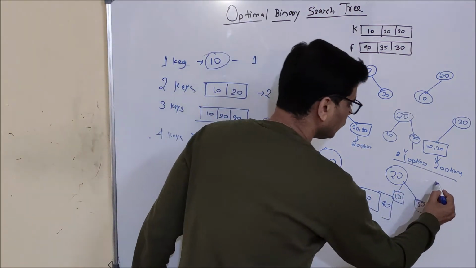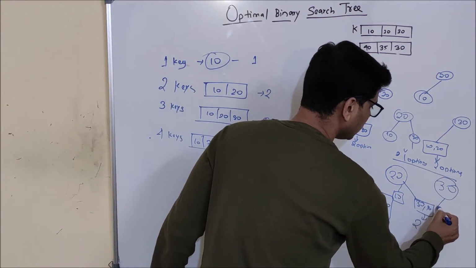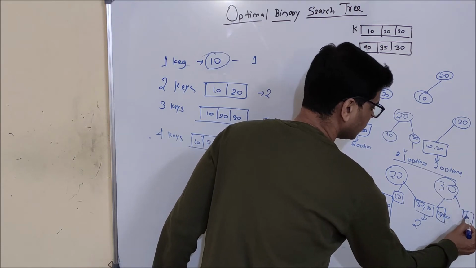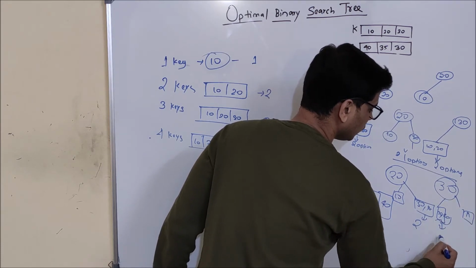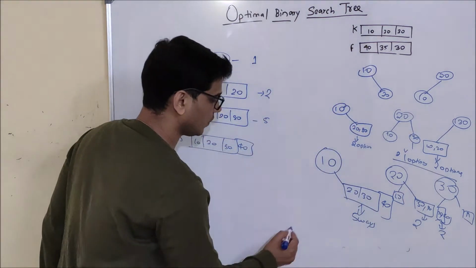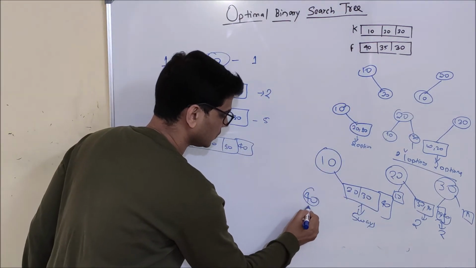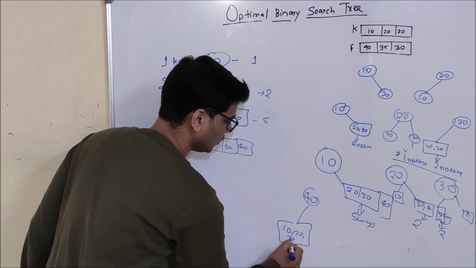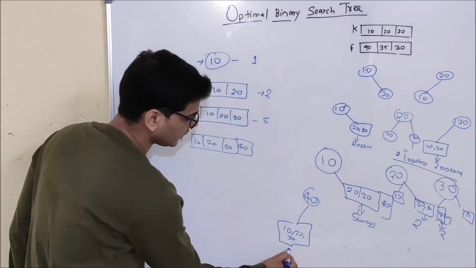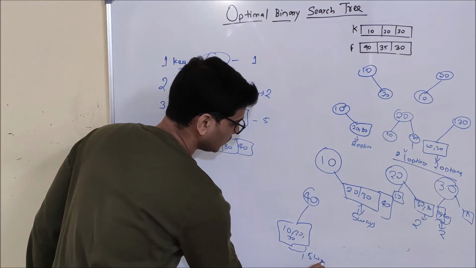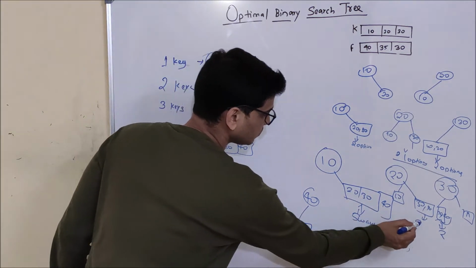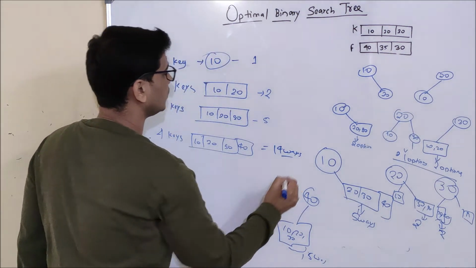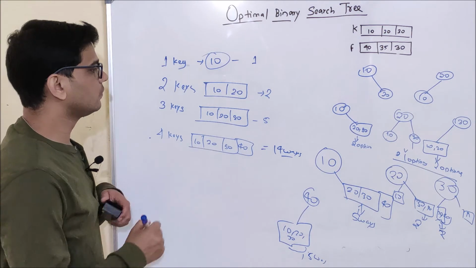If you make 30 root, then 10, 20 will be here and 40 will be here, and further you can arrange 10, 20 in 2 ways. The fourth option is 40 as your root. Then 10, 20 and 30 will be in the left subtree, and further you can arrange this in 5 ways. So the total will be 14 ways.